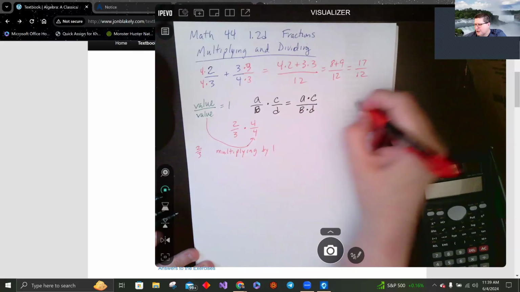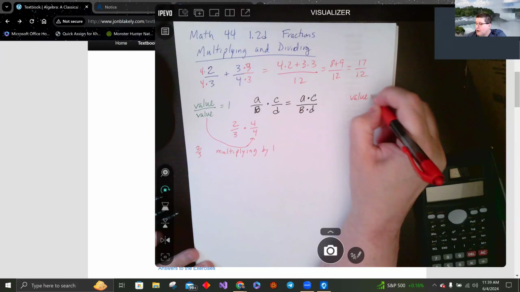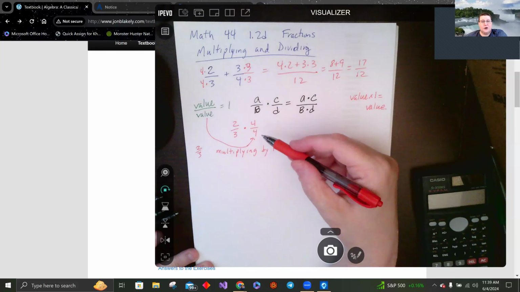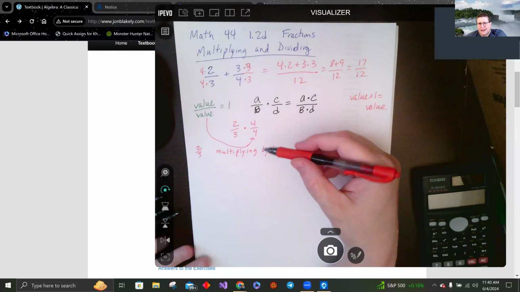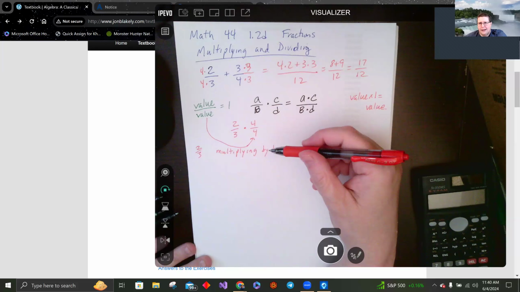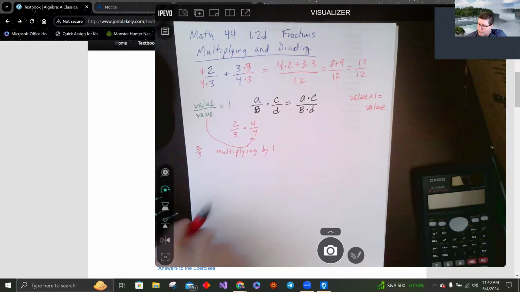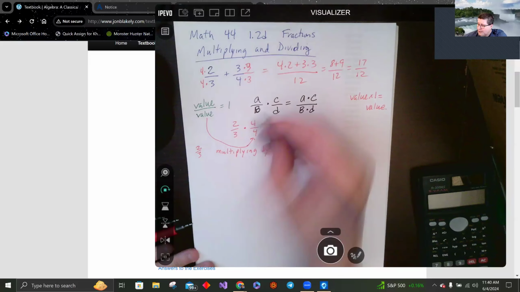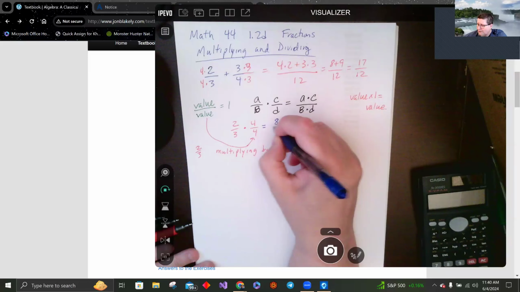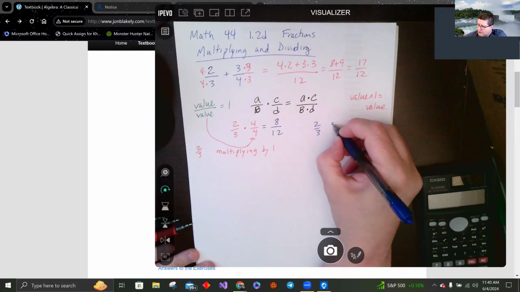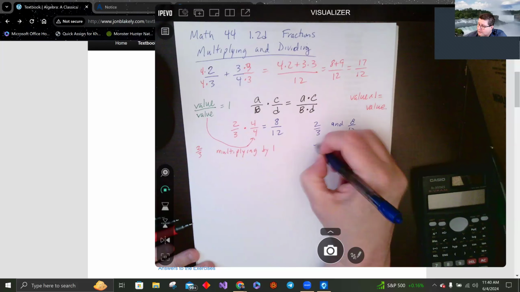Anytime we took a value and multiplied by 1, we got back the original value. So I'm not changing the value of 2/3. What I'm doing is just writing it with a common denominator. I'm showing it in its equivalent form. So this would be 8 on top and 12 on bottom. 2/3 and 8/12 are called equivalent fractions.